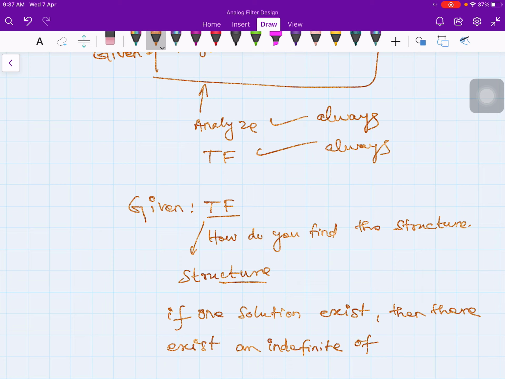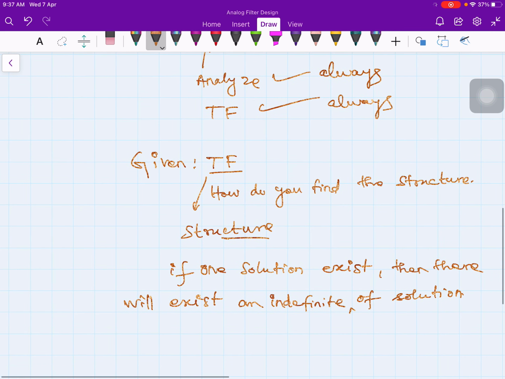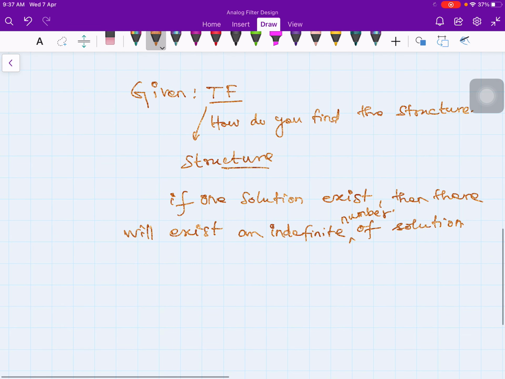There will exist infinite number of solutions. But a solution may or may not exist to a synthesis problem.